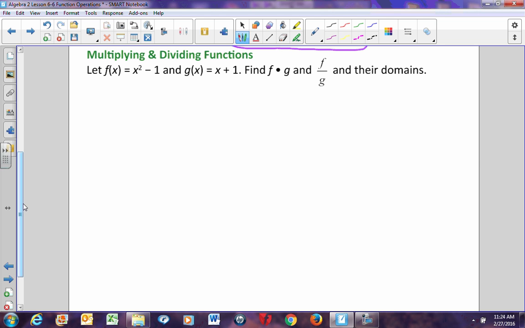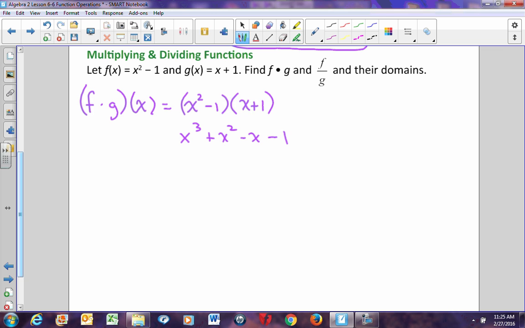Let f of x equal x squared minus 1 and g of x equal x plus 1. We're going to find f times g and f divided by g, and what it means. So f times g of x is going to equal x squared minus 1 times x plus 1. We're going to multiply this out, and I'm going to get x to the third plus x squared minus x minus 1.